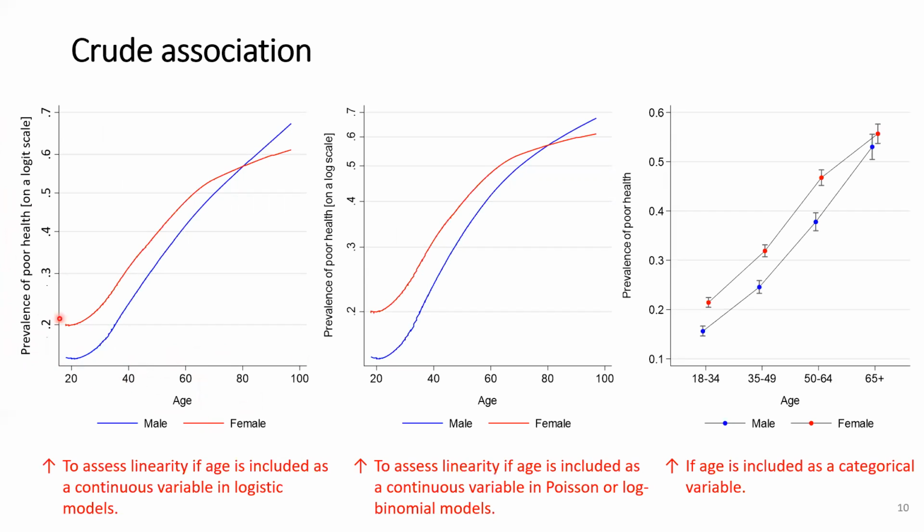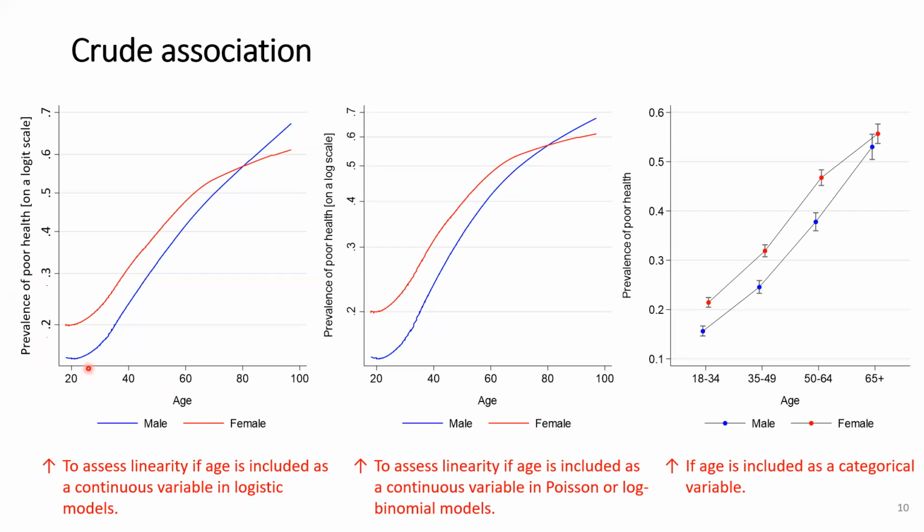So we do use this plot when we want to fit a logistic model. In a logistic model, if you can imagine, the left-hand side of the observation is the logit of probability of poor health. So we have to take this prevalence on logit scale to see if age can be included as a linear term.